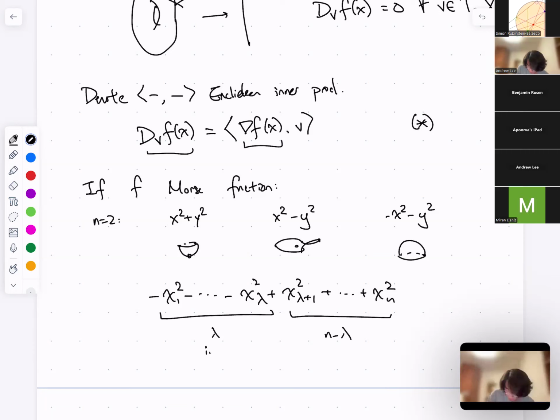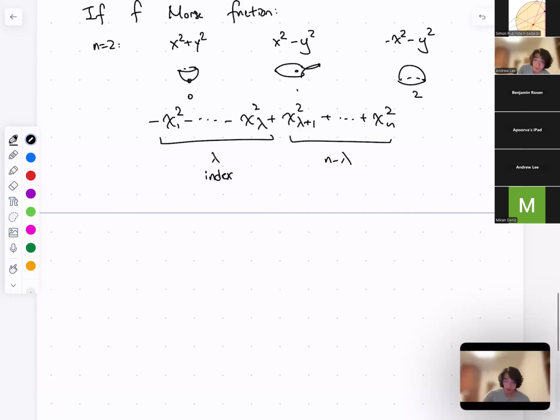This lambda is what we call the index of the critical point. So this here is an index zero critical point, 1 and 2. And so what this allows us to do is turn the problem of understanding the topology of a manifold into understanding how you can piece these Lego parts together.